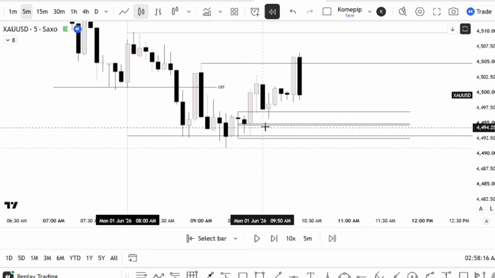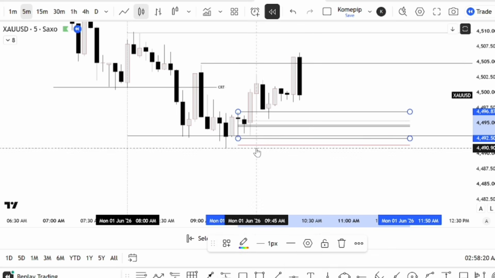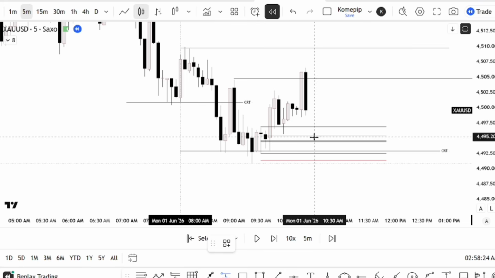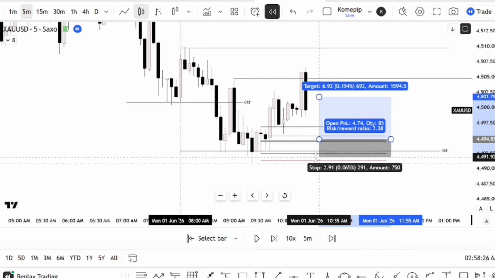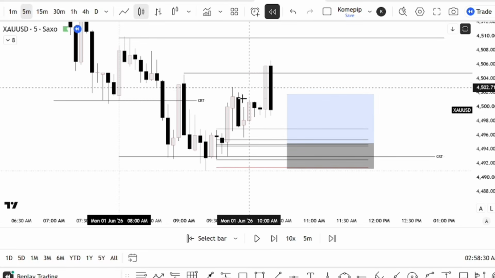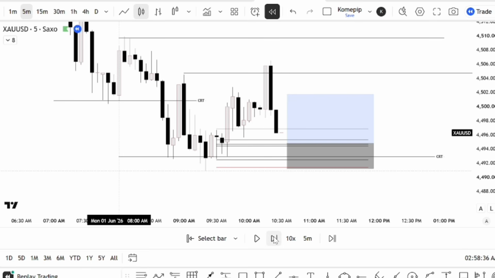Sorry about that. Let me do this real quick. Yep, so this is an ICRT. We can expect price to come tap us in and do its thing. Now, if we see a level that we could potentially enter, why not?